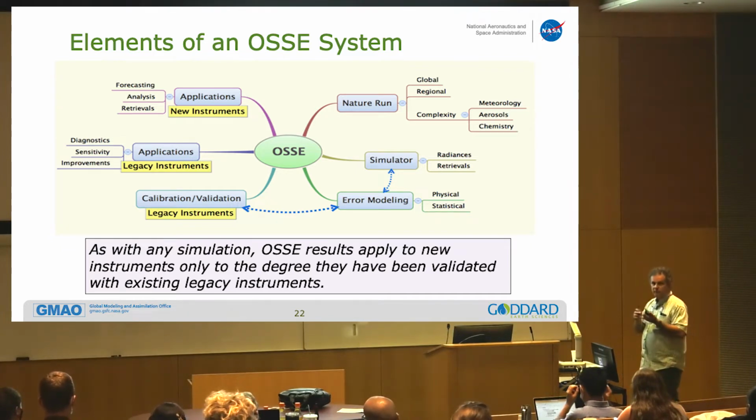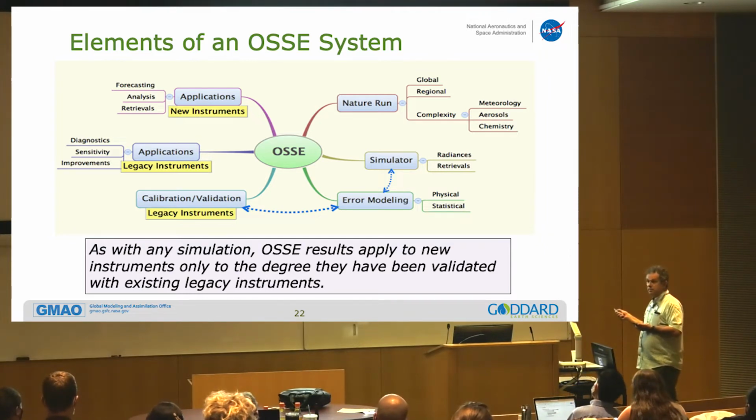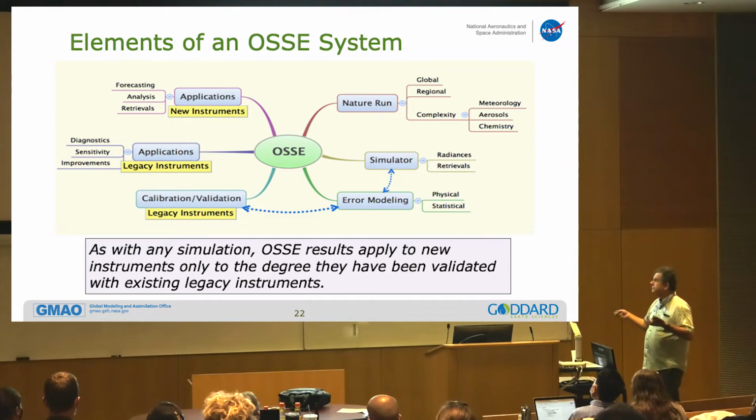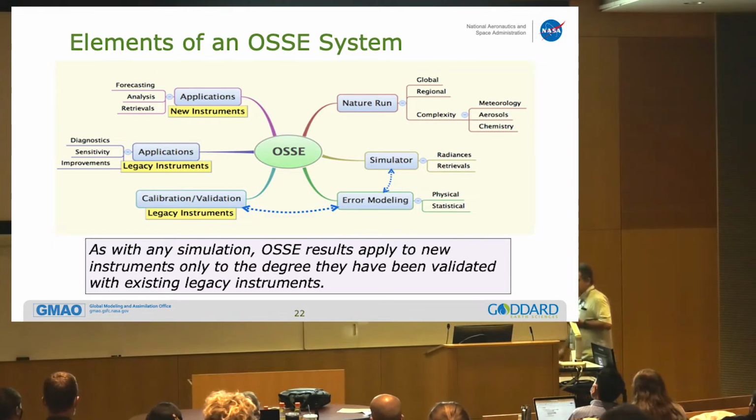So you have errors in the forward models, you have errors in the instrumentation. Usually an instrument model needs to be built in. And then you have applications for the diagnostic sensitivities and the forecasting, the analysis or reanalysis I was talking about, or the quality of the retrievals. So it's really an involved process that tries to bring everything together.